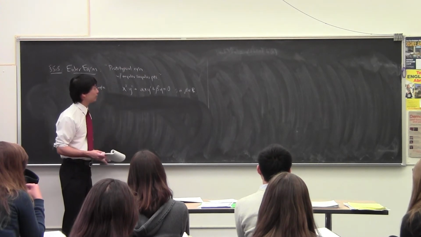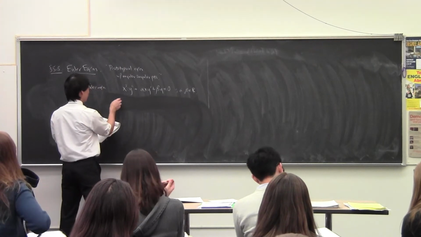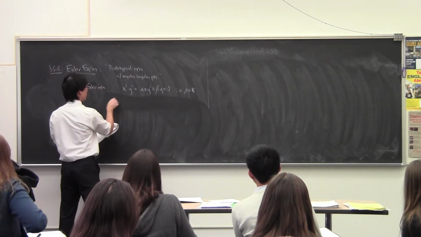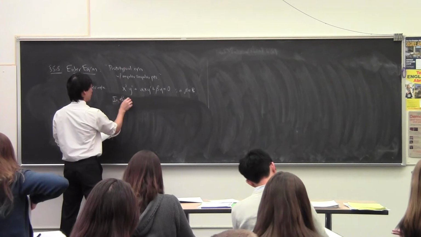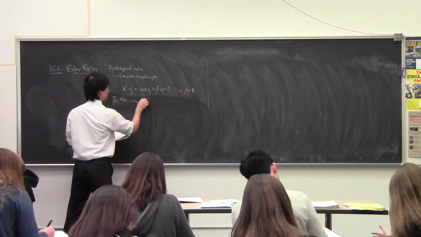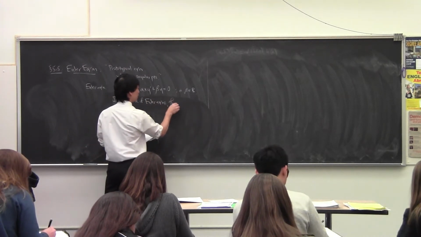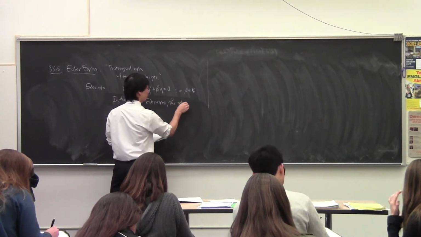And in this case, they are very simple solutions. In the case of Euler equations, the solutions are simple.